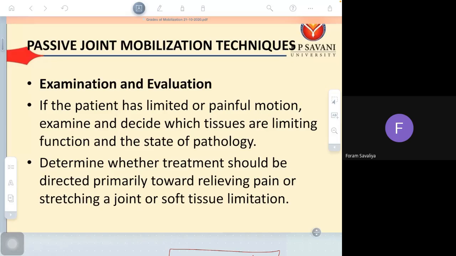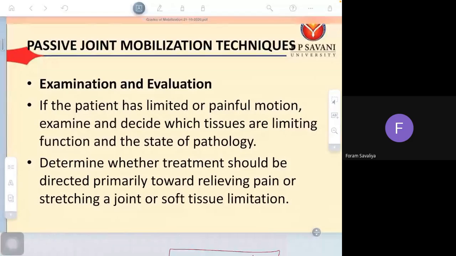And what is the state of pathology? This first you should identify. Why? Because in order to select the proper mobilization technique, first you should evaluate the joint, so that accordingly the treatment can be given.